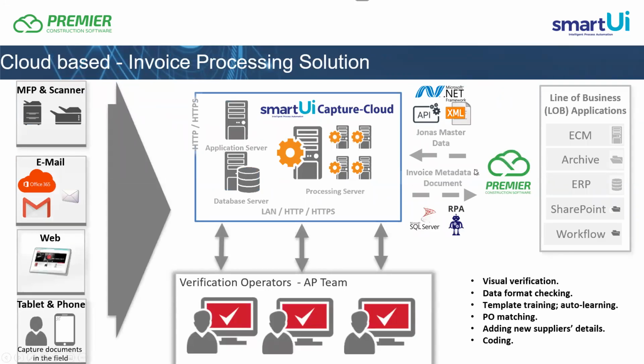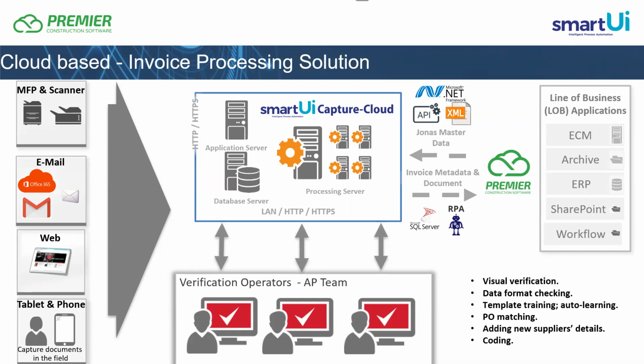Okay, so this is a bit of an overview. This is a bit technical, I know, but on the left, you'll see what we call our systems of engagement. So you'll be receiving invoices that you'll scan into the system, or you'll be receiving invoices from email, web upload, or people will be taking photos of invoices from their phone. Our solution automatically integrates with Microsoft Office 365 or Gmail, and it will automatically bring the invoices into the system with no one having to touch it at any time.